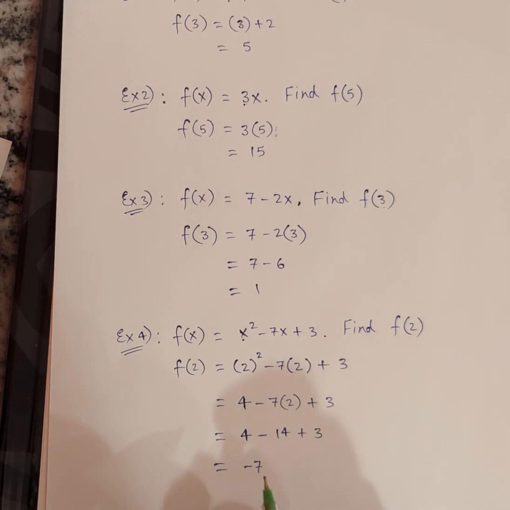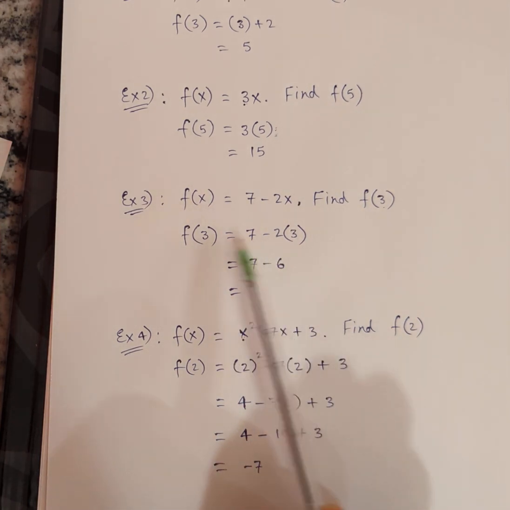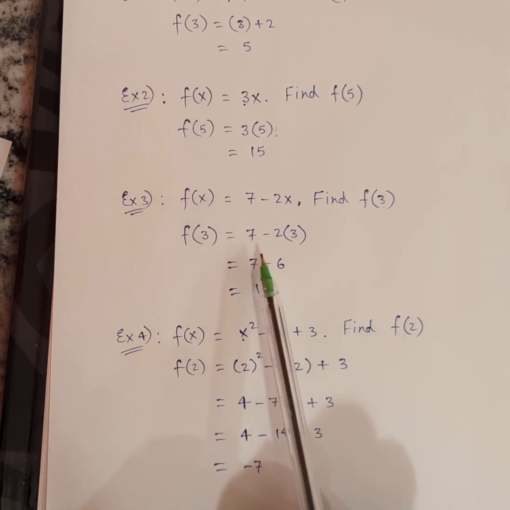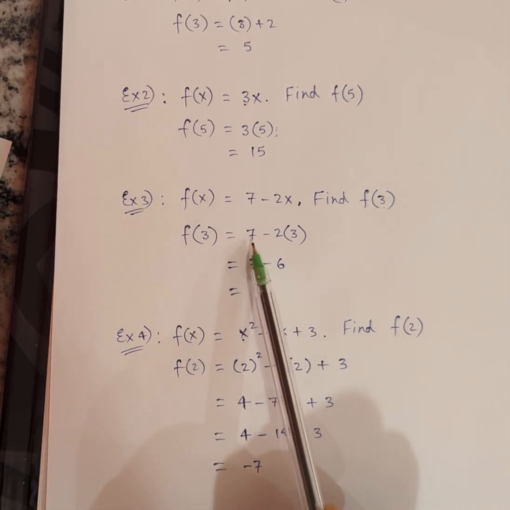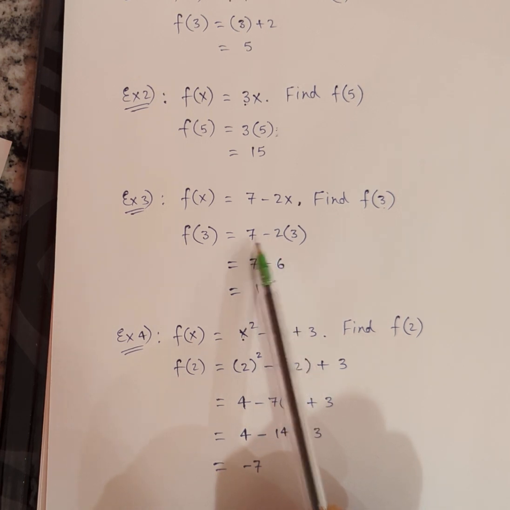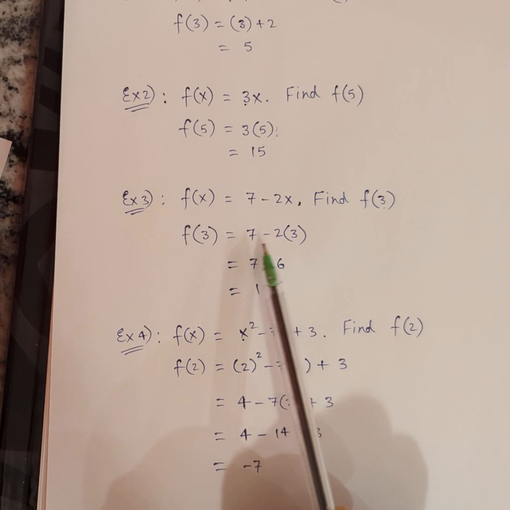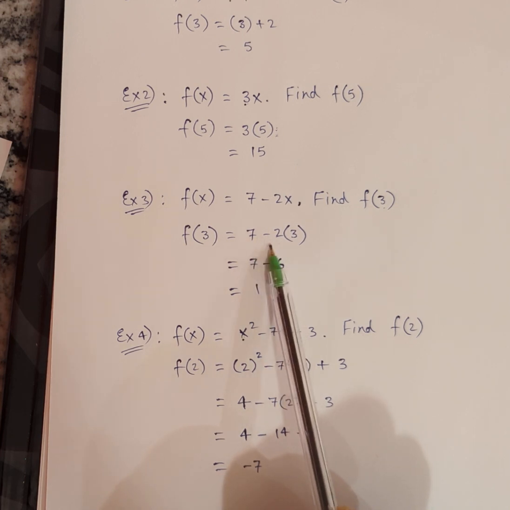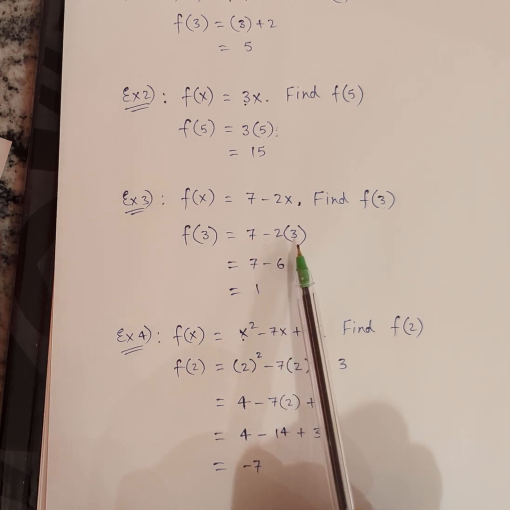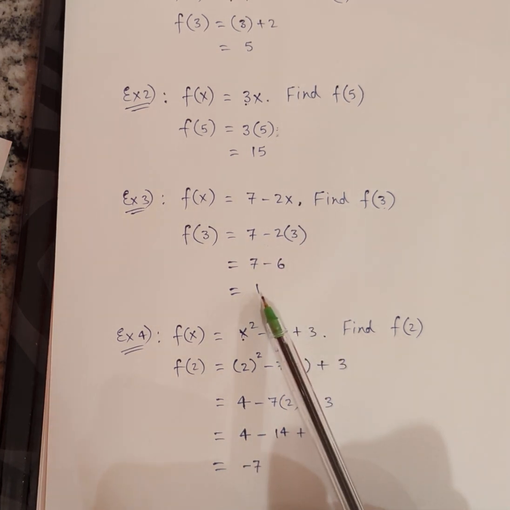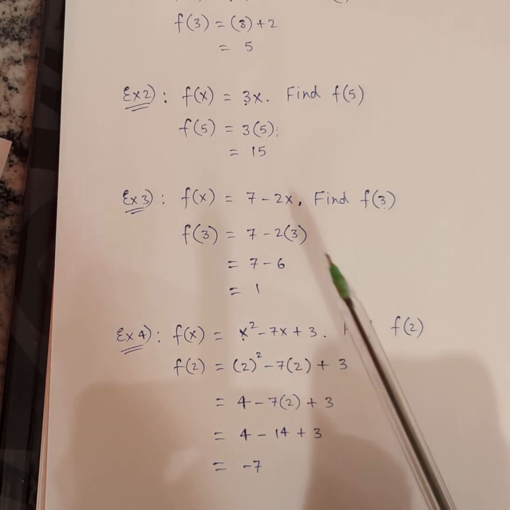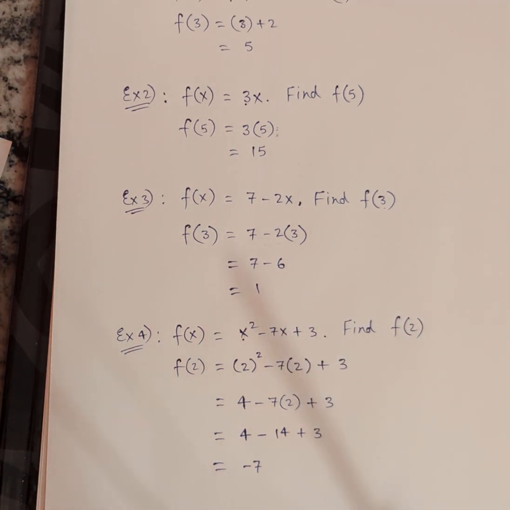Now, one comment. Notice, let's go back to example 3. If I had done the subtraction first, if I had done 7 minus 2 first, I would get 5. And then if I performed the multiplication 5 times 3, I would get a totally different answer, which would be incorrect because it did not follow the order of operations.